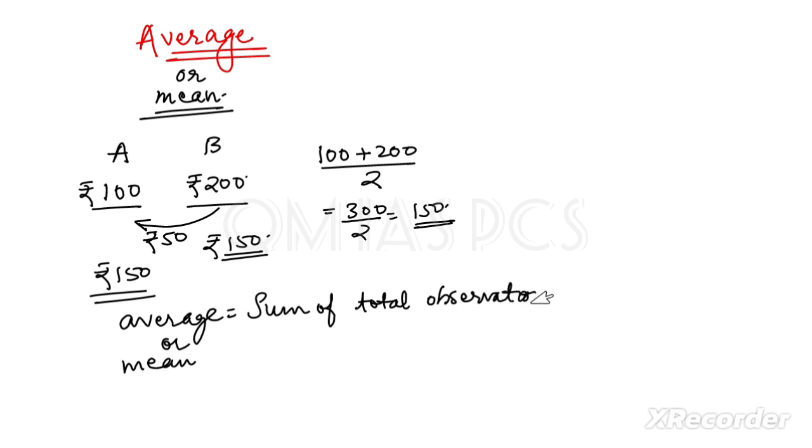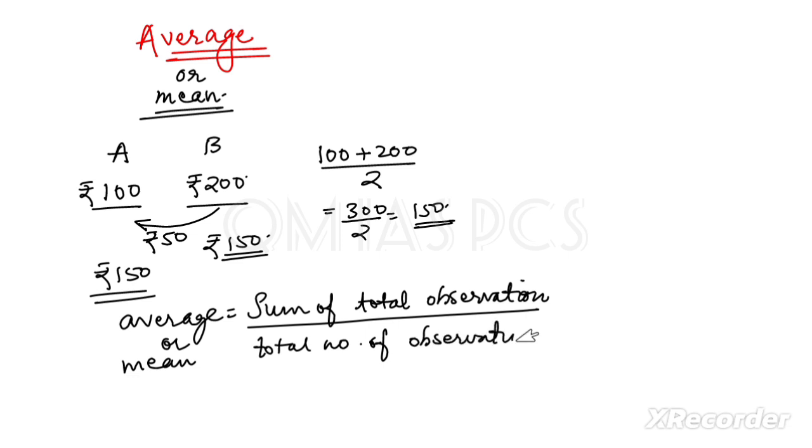Observations means whatever values are given; we add all the values and divide by the total number of observations. I will give you an example to understand this formula. Just note it down, it's very important and a simple formula.